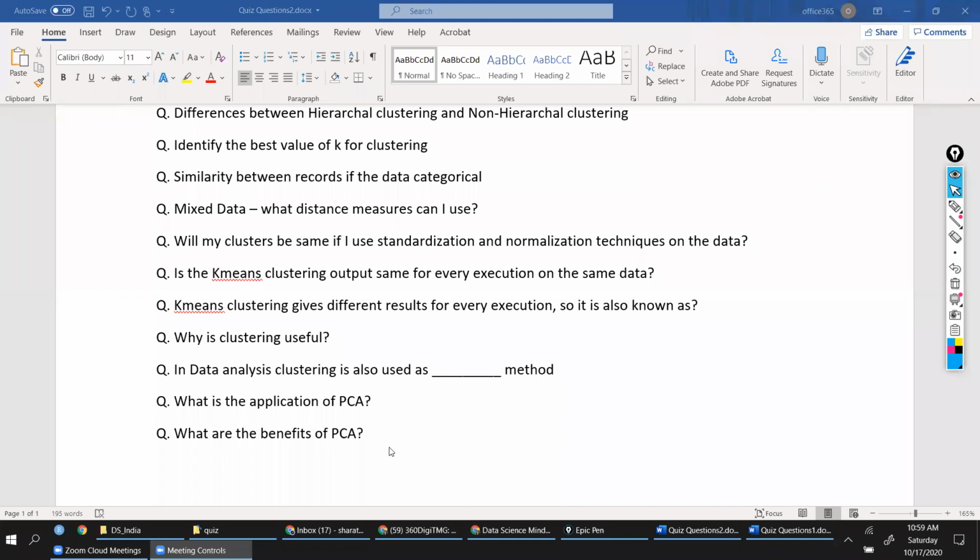Okay, Pallavi has a question. What is PCA? What are other techniques of dimension reduction? Only SVD? Oh, okay. Very good.